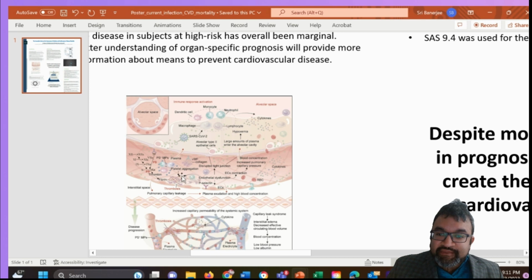There's even increased platelet aggregation, fibrin, and increased clotting, and this is not ideal within the capillaries, because eventually that can lead to capillary leak syndrome and also lead to cardiovascular disease. So if a virus can do this, one of them in the respiratory infection, then others are capable of causing similar damage, and that is the idea behind why I selected this figure.